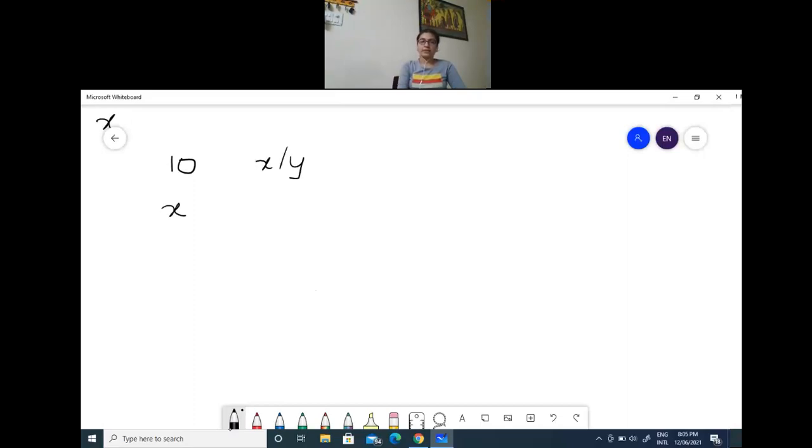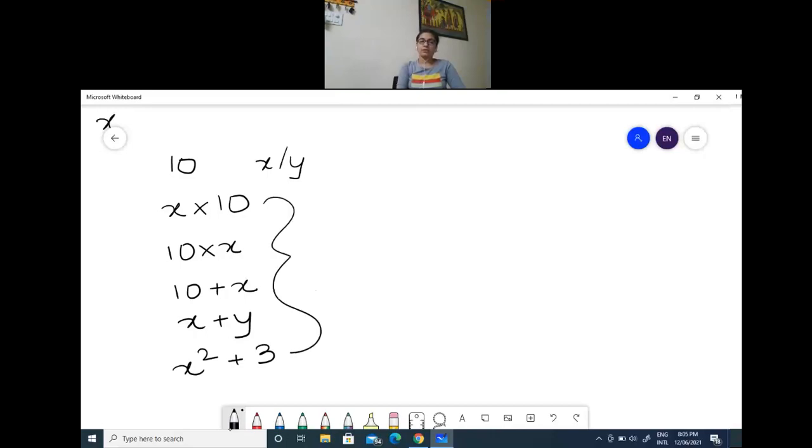So it can be x into 10, 10 into x, 10 plus x. It can be x plus y, can be x squared plus 3, anything. All these are algebraic expressions because they contain one variable and a constant.